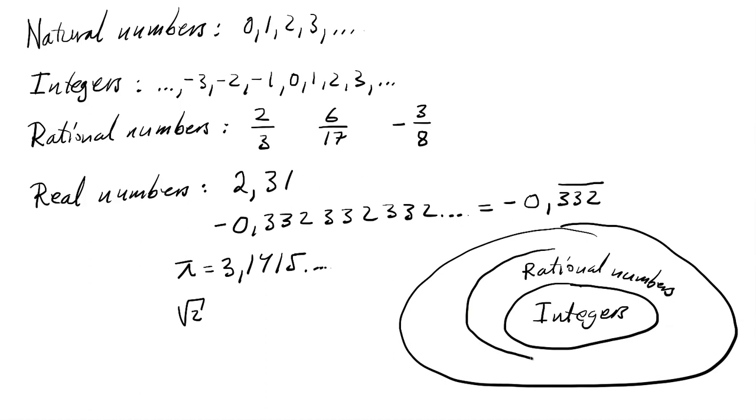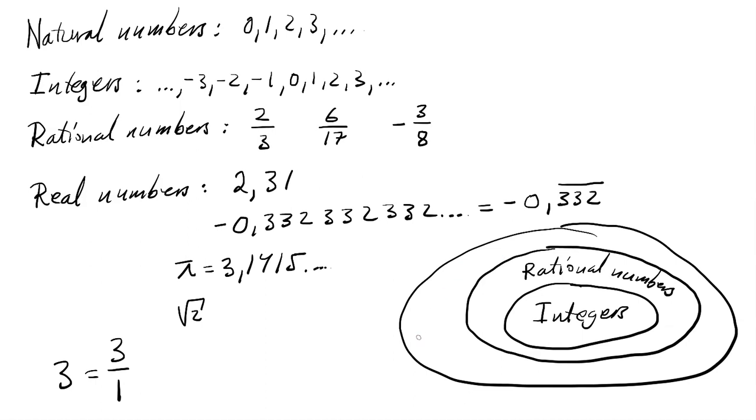And they contain the integers, because all integers are rational numbers, and that's easy to see. For example, if you have 3, you can write it as a rational number, like this. So for all integers, you can just divide it by 1, then we make it a fraction, or rational number. So all integers are rational numbers.